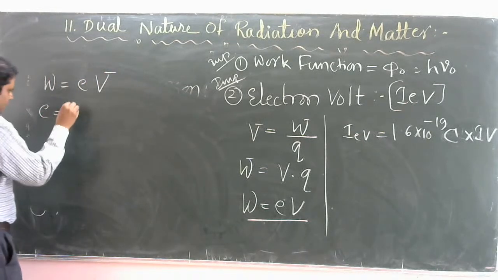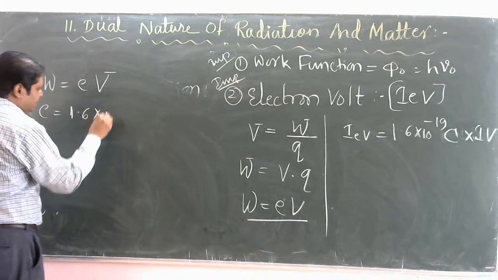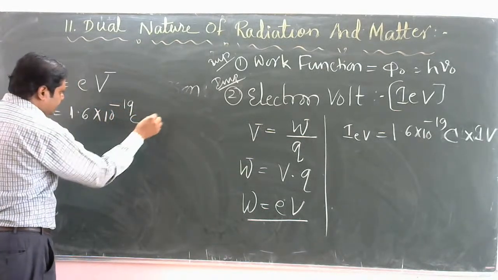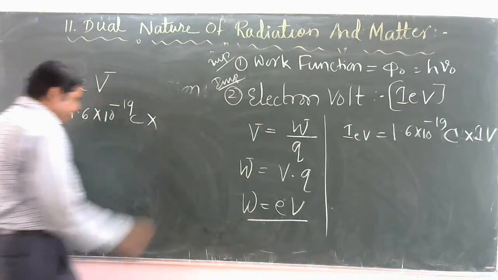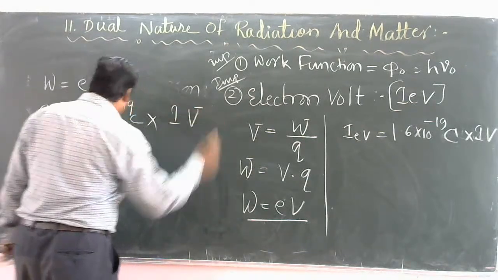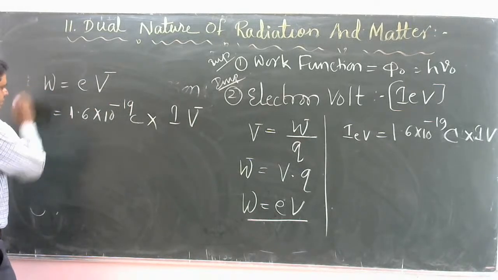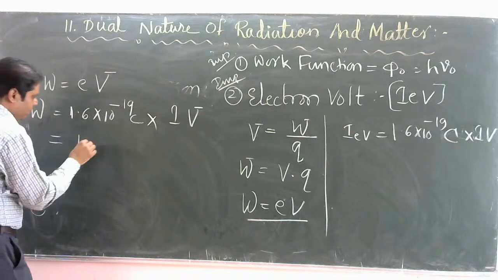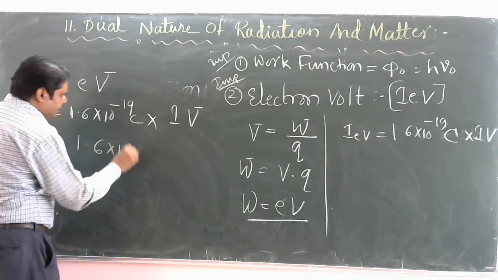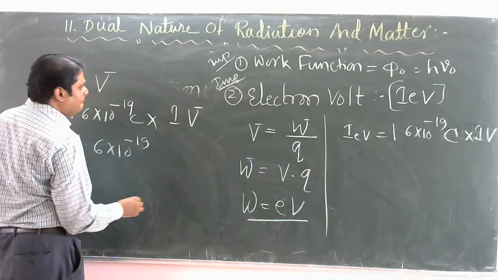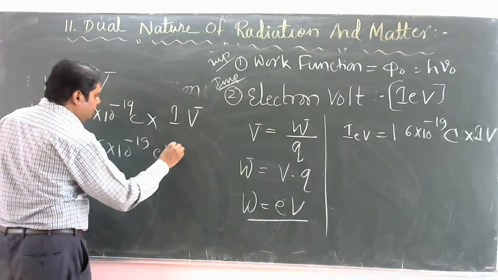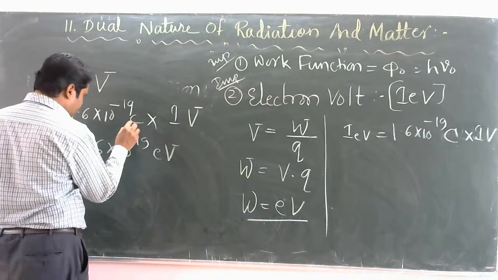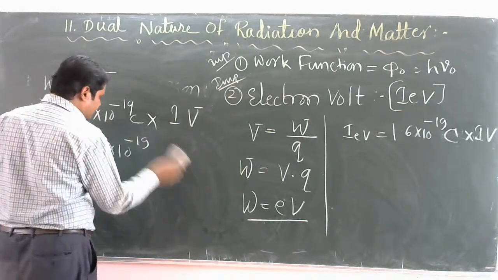If e is equal to 1.6 into 10 raised to minus 19 coulomb and V is 1 volt, then W is equal to 1.6 into 10 raised to minus 19 coulomb volt.